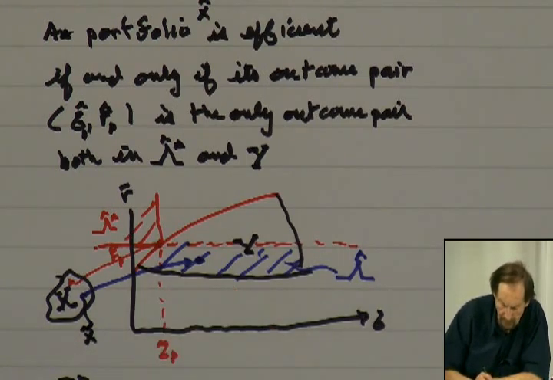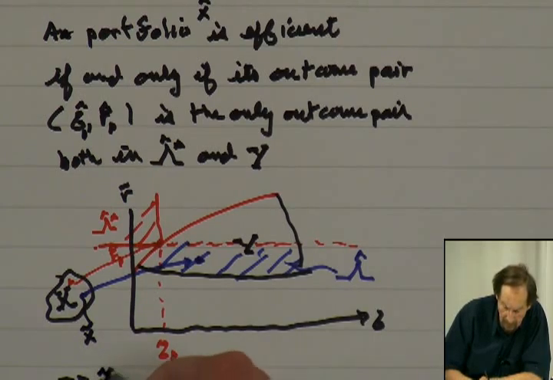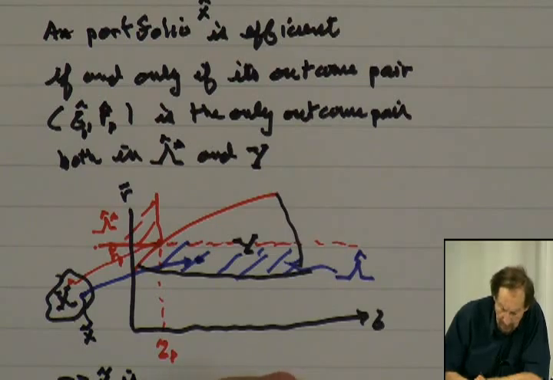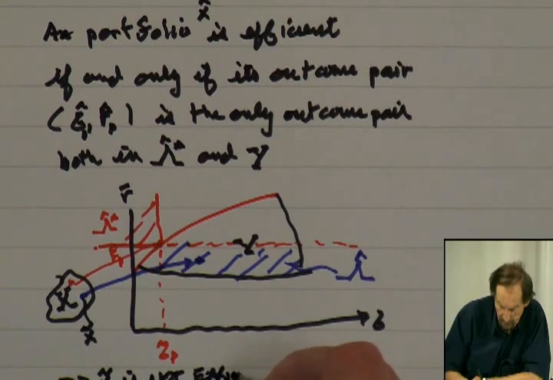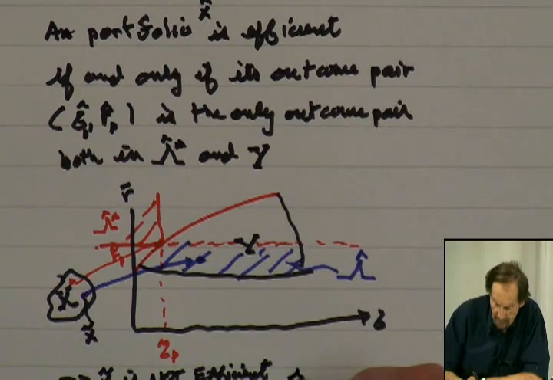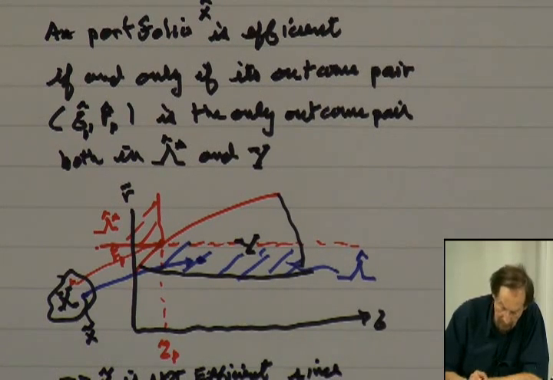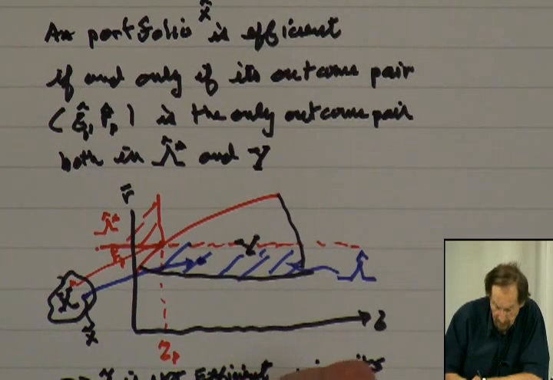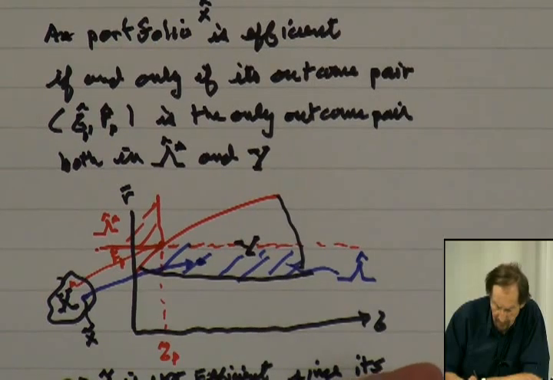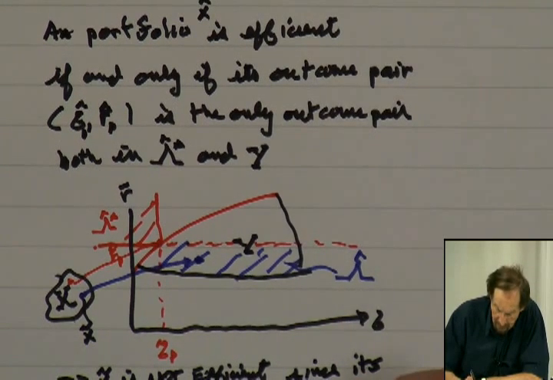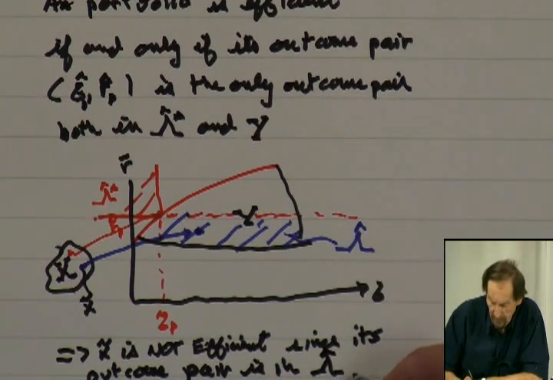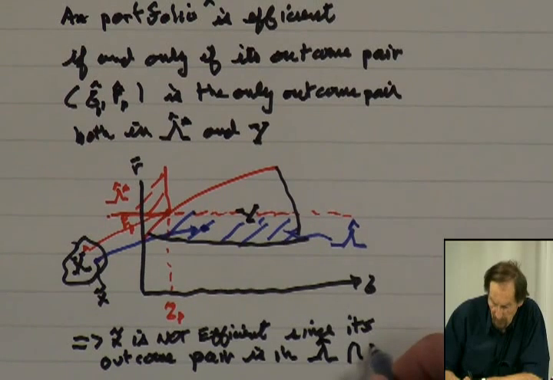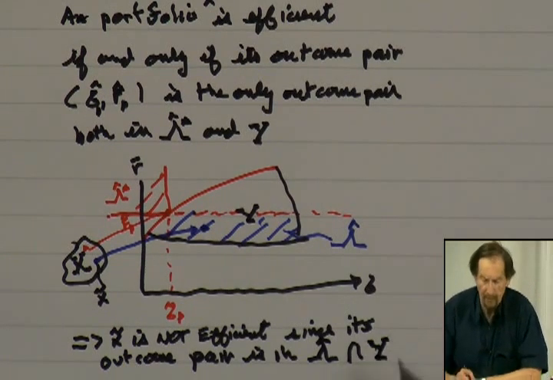It implies that X squiggle is not efficient, since its outcome pair is in lambda star intersect Y. So it's both in Y and in lambda star.